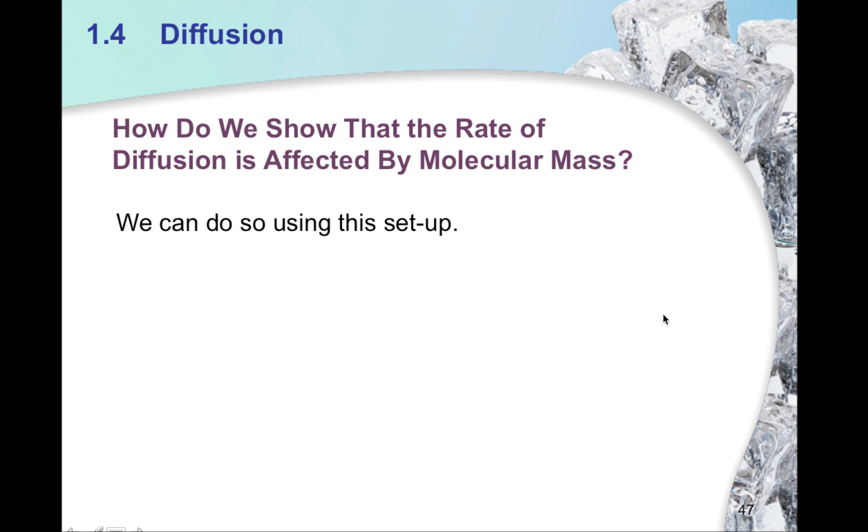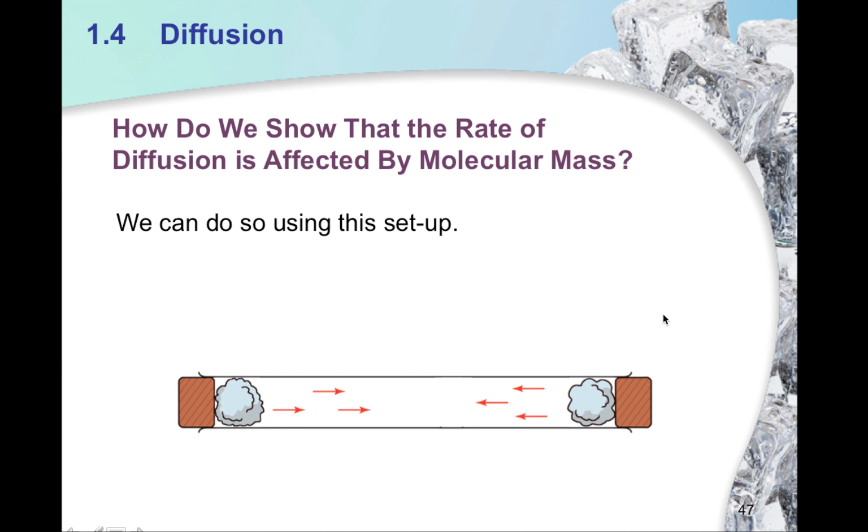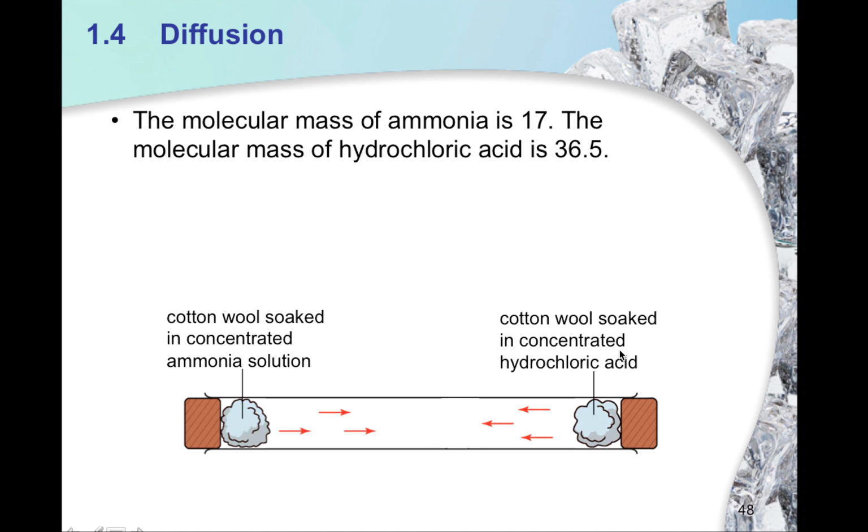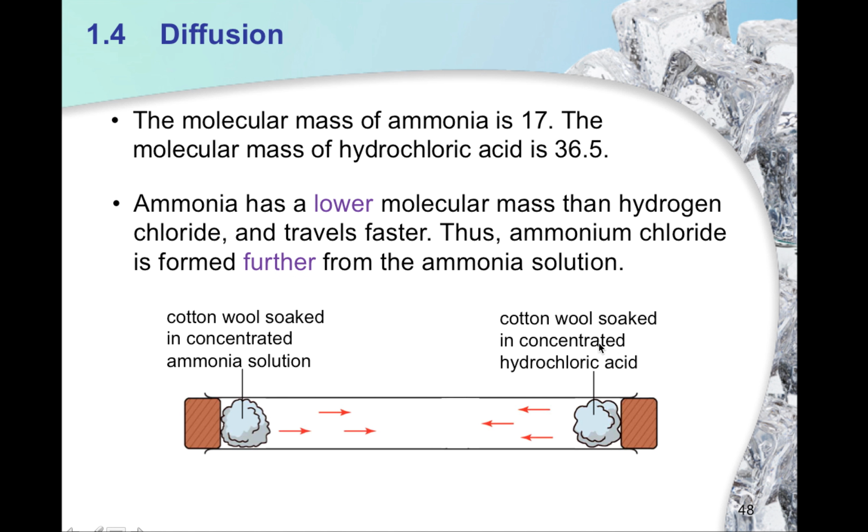Now, how are we able to show this? We can perform this setup where this wool is soaked in concentrated ammonia solution, and over here is hydrochloric acid. Take note that they have different molecular masses. The molecular mass of ammonia is 17, while that of hydrochloric acid is 36.5.